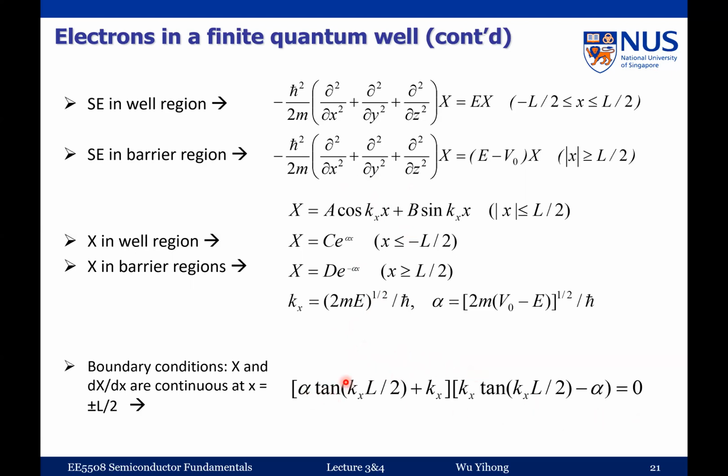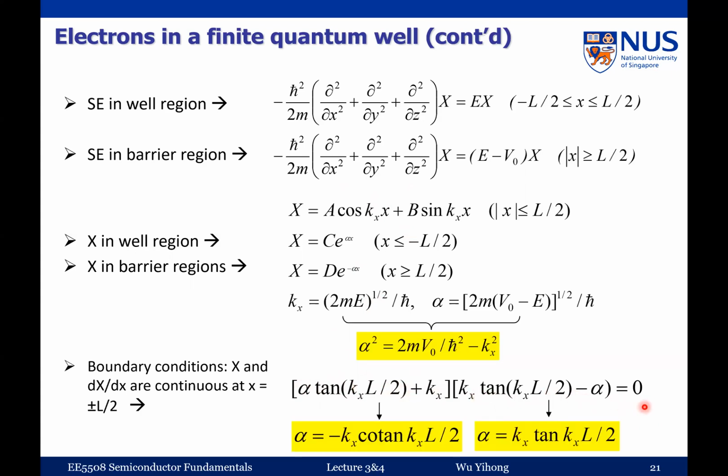In this equation, the left-hand side is the product of two terms. One is this one, and the other is this one, and the product is zero. So to solve this, you have two cases.